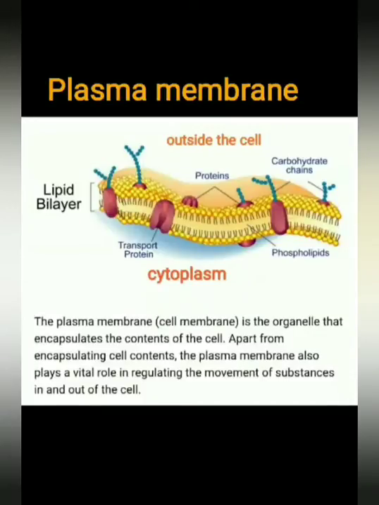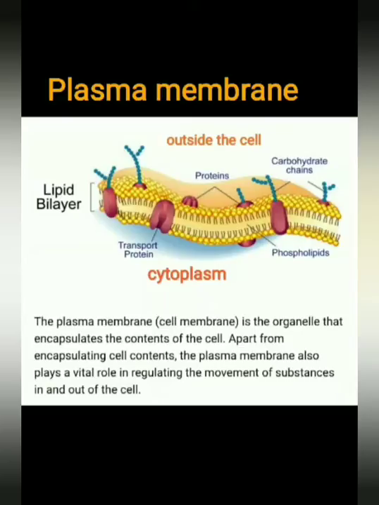Now I am going to discuss the plasma membrane. Plasma membrane is a semi-permeable membrane which encloses the cell organelles within the cytoplasm. It is composed of phospholipid, proteins, cholesterol, and polysaccharide.